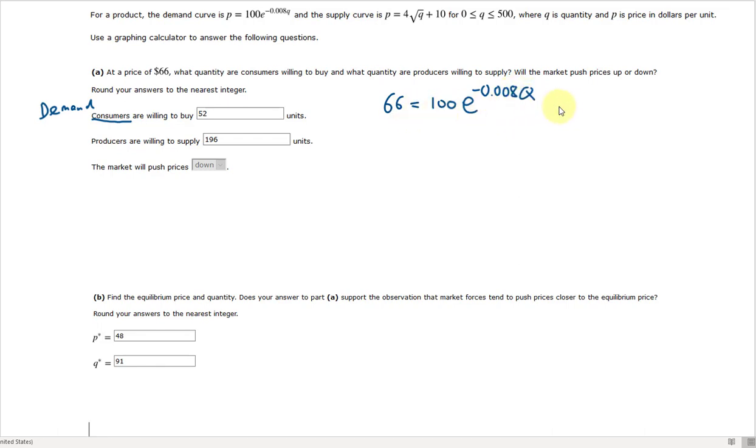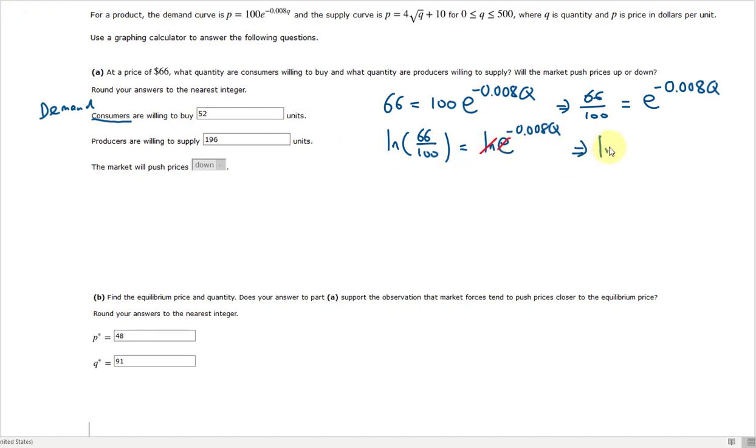So we divide both sides by 100: 66 over 100 equals e to the minus 0.008 Q. Now we want to solve for Q. Because we have the base e, we have to take the ln on both sides. So ln of 66 over 100 equals ln e to the minus 0.008 Q. The reason I take the ln is that ln and e cancel out.